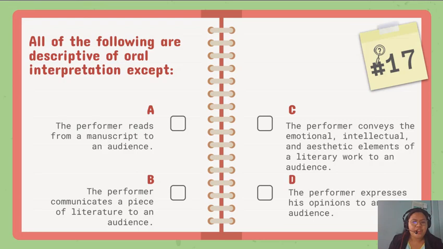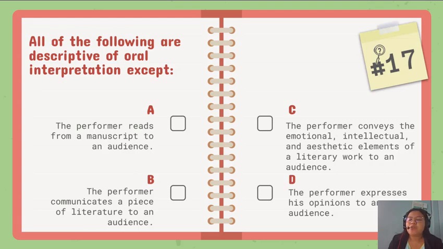All of the following are descriptive of oral interpretation except A. The performer reads from a manuscript to an audience. B. The performer communicates a piece of literature to an audience. C. The performer conveys the emotional, intellectual, and aesthetic elements of a literary work to an audience.